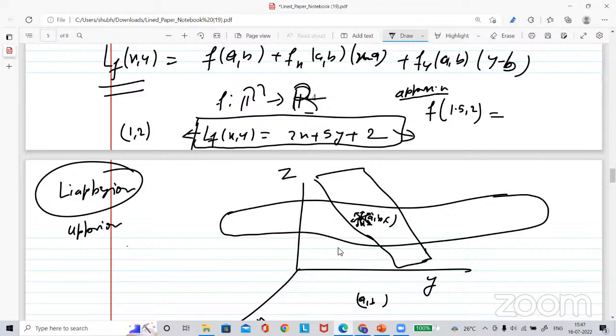You just substitute the values: in place of x, substitute 1.5, and y is 2.